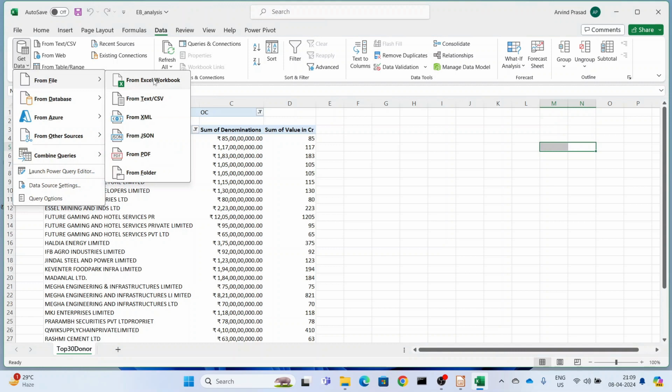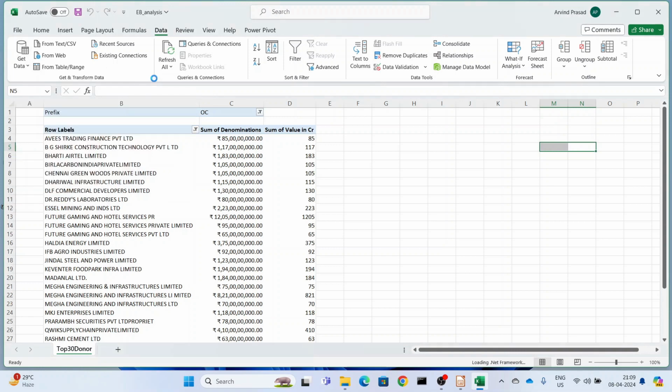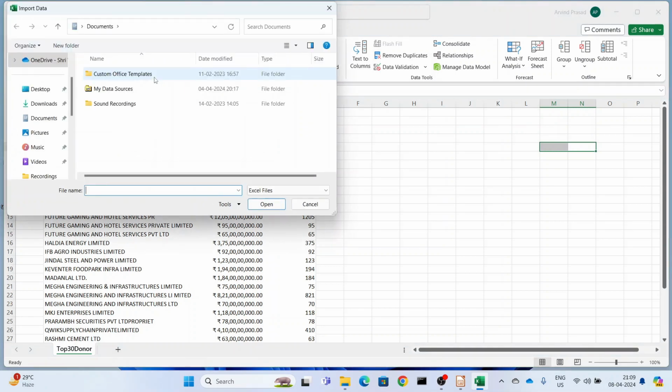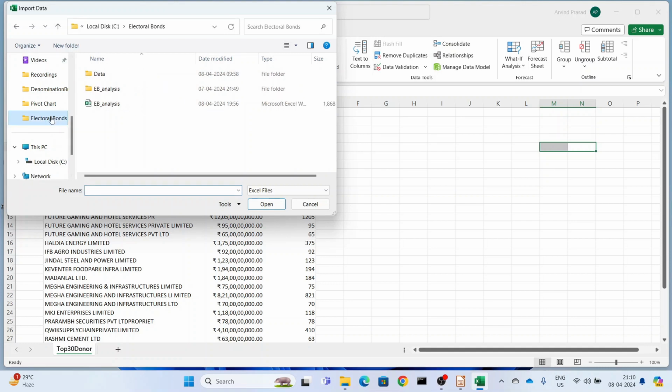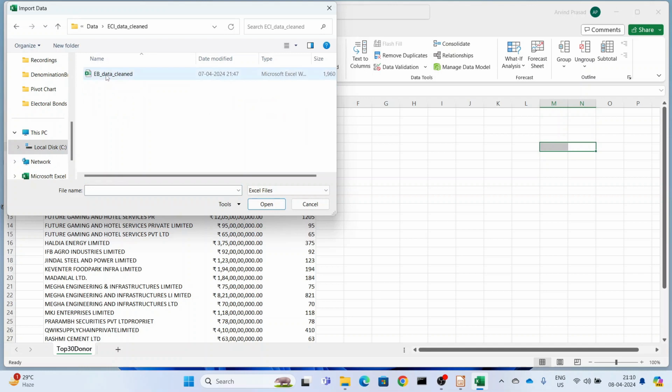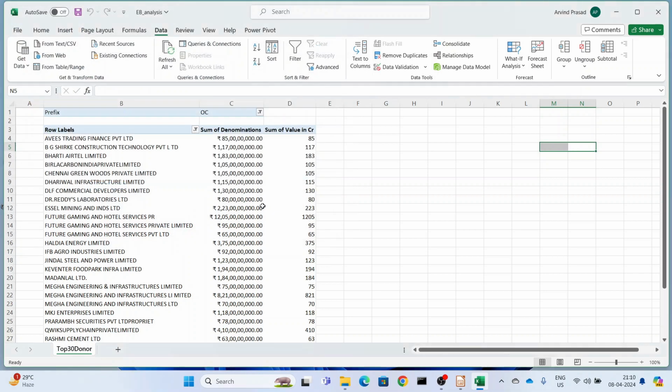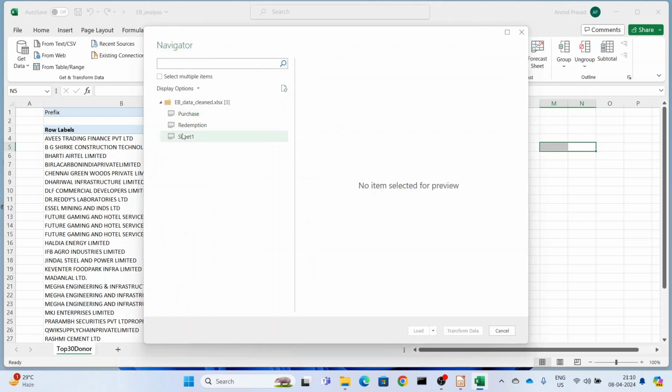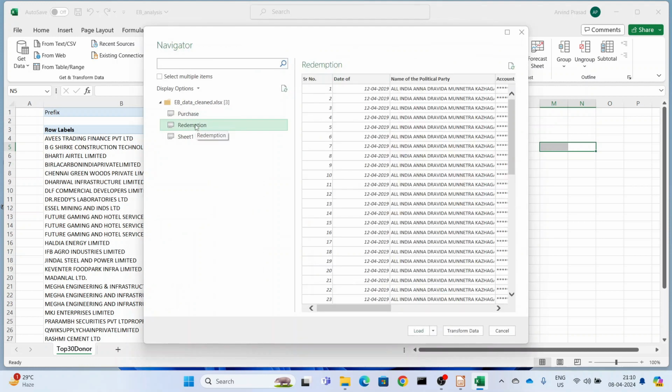So we go to file, we go to Excel and load. We go to where we had the clean data, so that's going to be in electoral bonds data, clean data, and EB data clean, and click on import. Now, once this opens, this is the table for redemption.